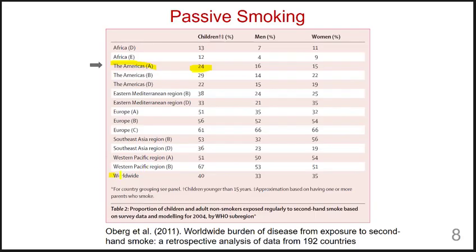And then finally, if we look at worldwide exposure to passive smoking, again 2011, so a bit outdated, 40% of children are exposed to passive smoke, and less than adults, so we're affecting children more than we are adults.